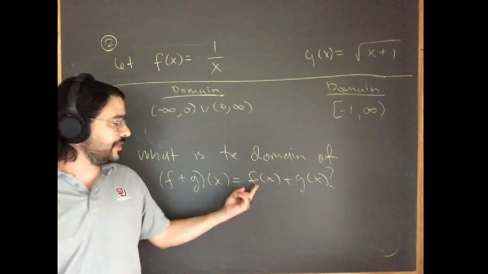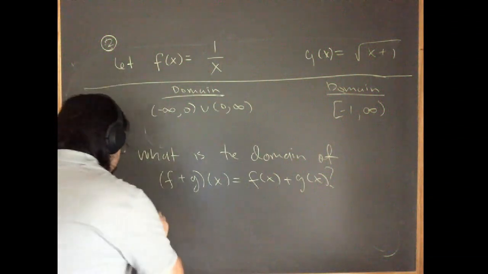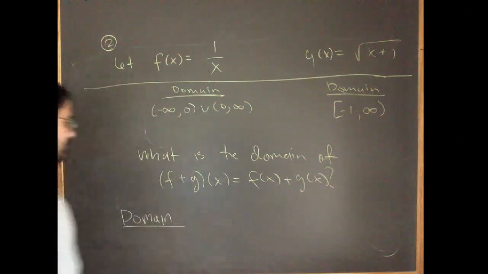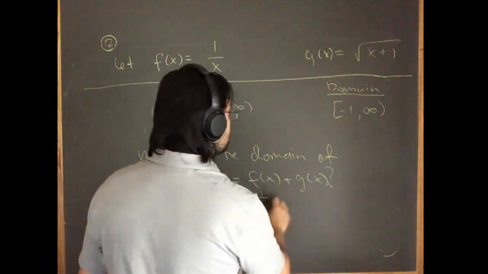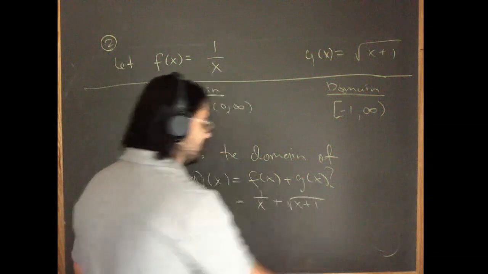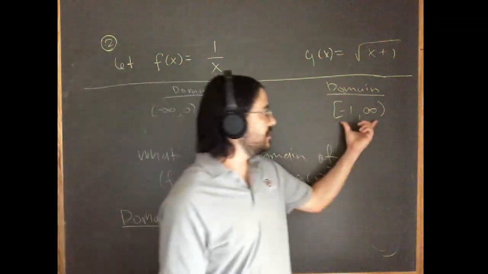Okay, but now you have to combine these together to determine what the domain of the sum is, right? Because both f has to be defined and g has to be defined. So what's the domain of the sum? By the way, the formula for this is just 1 over x plus the square root of x plus 1. So what's the domain? Well, we certainly have to be bigger than or equal to -1, right?